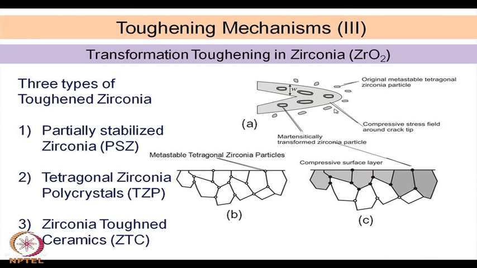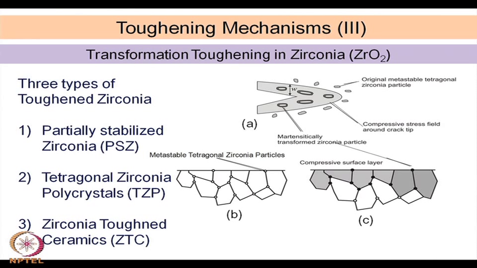In addition, it also has a very interesting characteristic, that the material can be transformed through a mechanical stress. So, the martensitic transformation, or tetragonal to monoclinic transformation, can take place by a stress induced transformation.